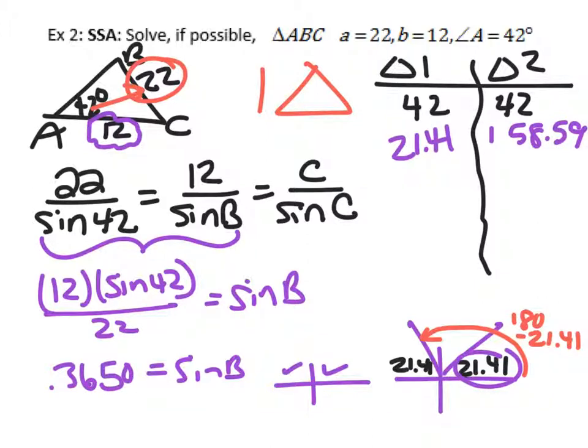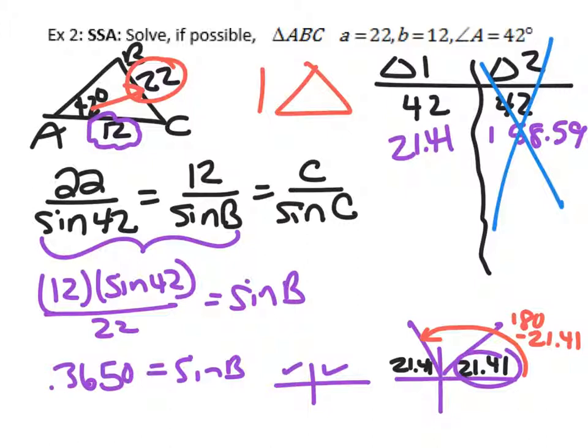However, you'll quickly notice that mathematically, sine of 21.41 and sine of 158.59 both get 0.3650. You're not going to get anything higher than those, but when I go to find my third missing angle, this is already over 180 degrees. So basically that's an extraneous solution.